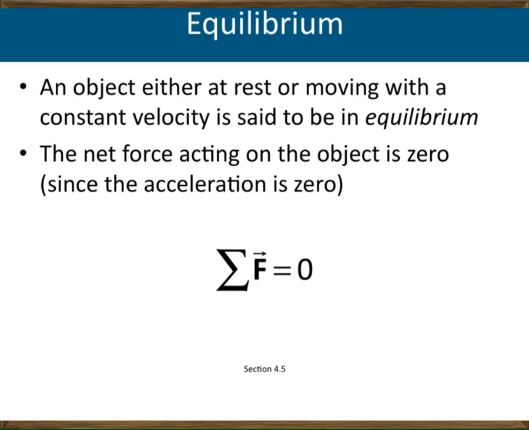So this equilibrium situation can also be true for objects moving at constant velocity. If the object moves at a constant velocity, then you can say all the forces on the object add up to 0.